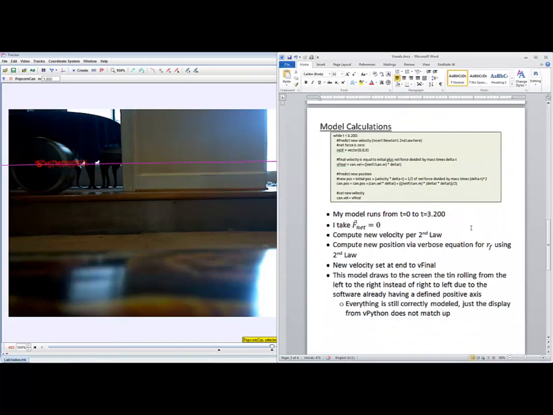So my calculations in my model, I used Newton's second law. I set net force equal to 0, and I went ahead and did all the verbose calculations.